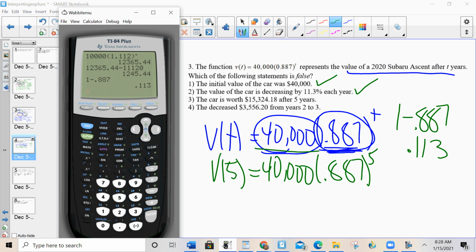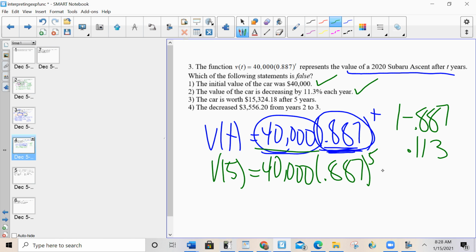I got 21,962, so nope, that does not look good. That is not 15,324. It decreased 3,556 from years 2 to 3. So I've got to find V of 2 and V of 3 and subtract those.